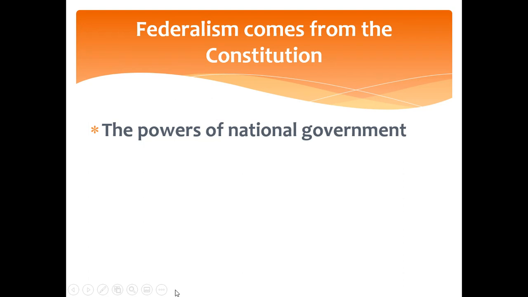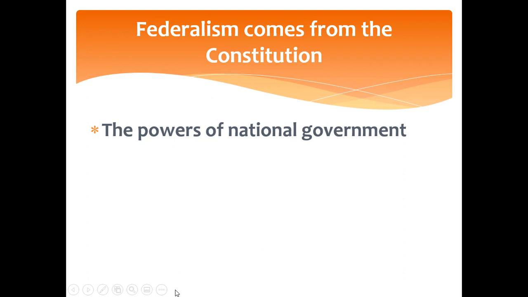The Necessary and Proper Clause, also known as the Elastic Clause, is found in Article 1, Section 8. This provides an important source of power for the national government, for Congress. It gives Congress implied powers.